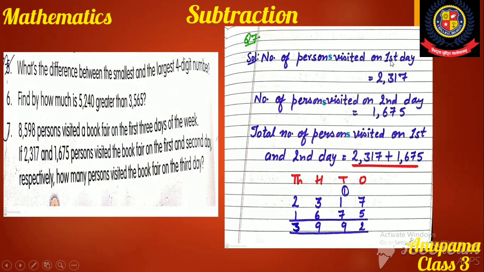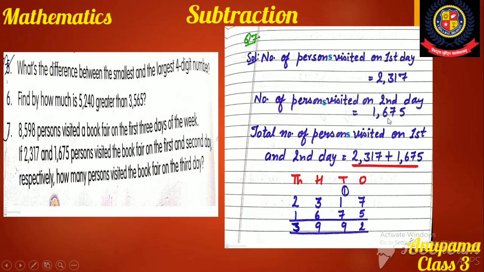How many persons visited on first day? 2,317 persons visited on first day. Now leave one line and write down number of persons visited on second day. So how many persons visited on second day? 1,675 persons visited on second day.